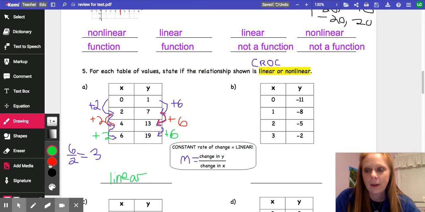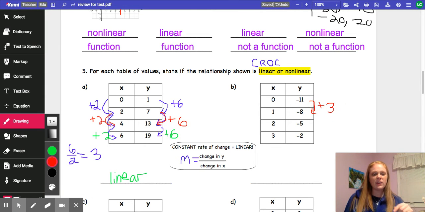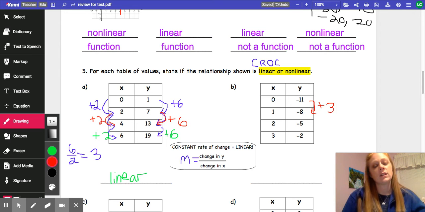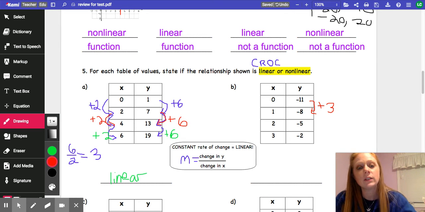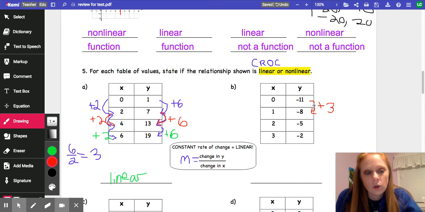All right, let's look at B. Our y values are going up by 3. And if you're not sure, you can take the bottom number, -8, minus the top. So -8 minus -11, and you'll get +3. You could also check it by doing -11 plus 3 equals -8. And our x's are going up by 1. So our x's are always going up by 1.